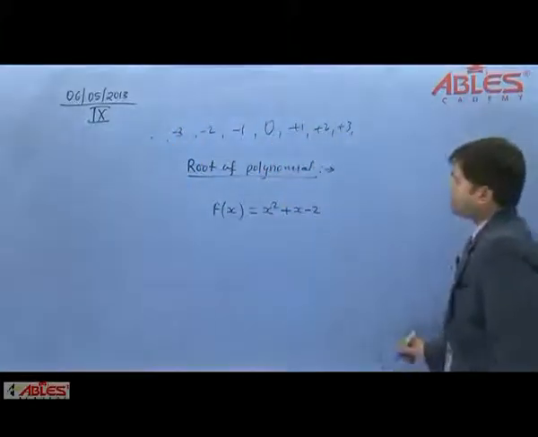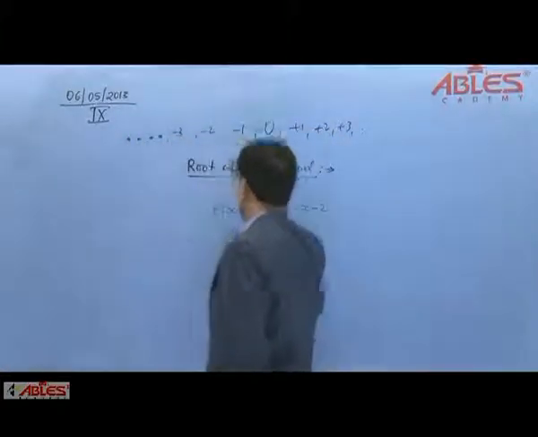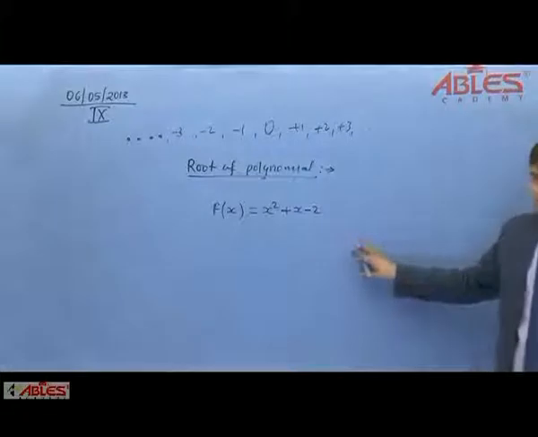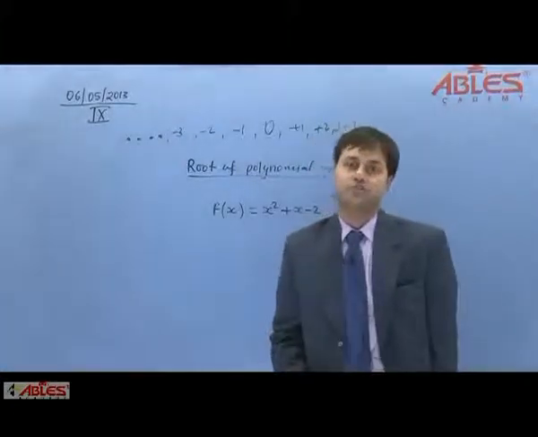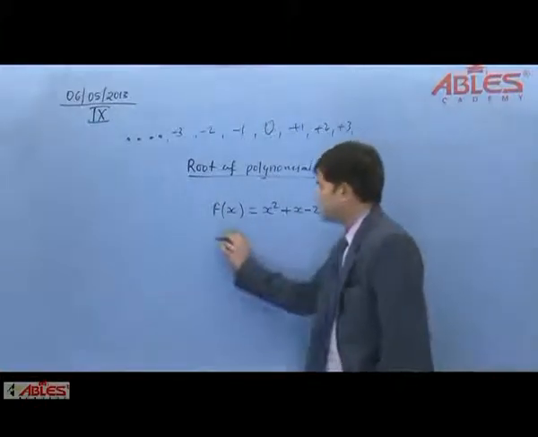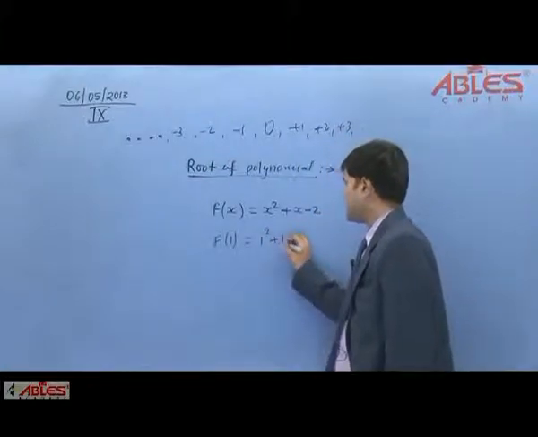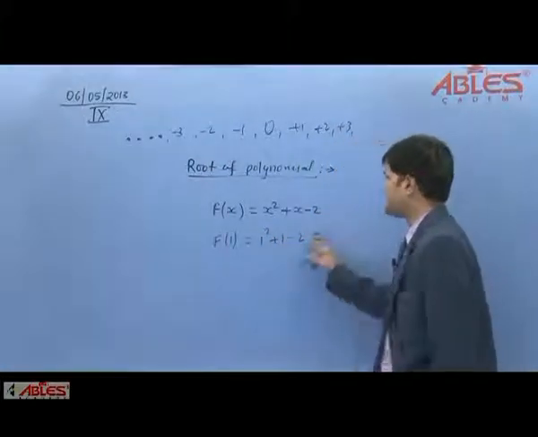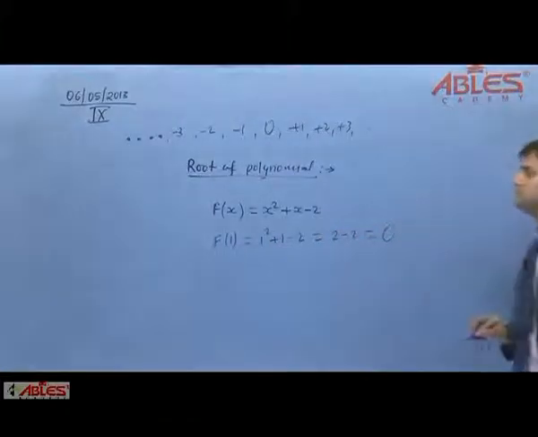We put some values of x on both sides, and if by putting some value of x we get output 0... suppose we put x equals 1 this time. So we get 1 squared plus 1 minus 2, that is 1 plus 1 is 2, minus 2, we get output 0.